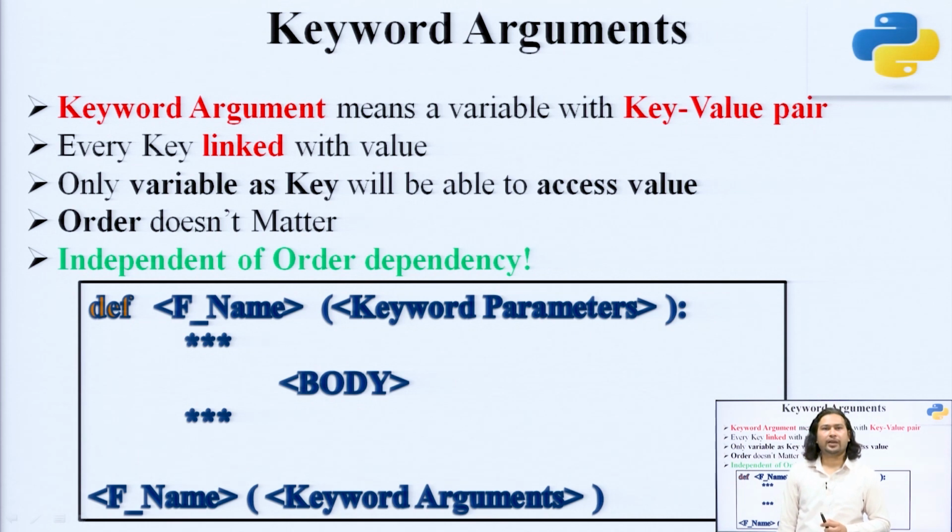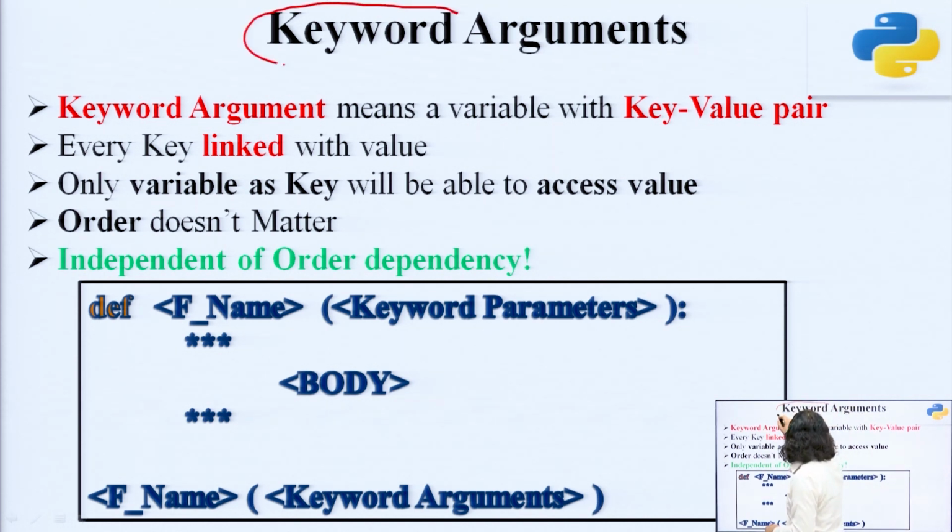Now, the next topic is the keyword argument, because arbitrary arguments require an order, but sometimes we do not want to follow the order. In that case, what we are going to do is use keyword arguments.